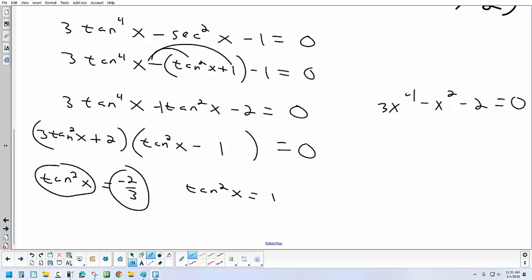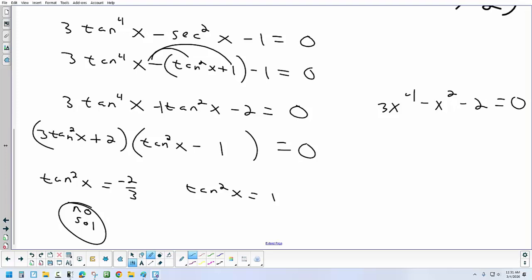What would this part turn into? Root negative 2 over 3. So what would happen when you try to take the square root of that? Yep, that's imaginary. So because this comes out imaginary, there's no solution. We're not dealing with imaginary solutions with trig. Right? So this has no solution.